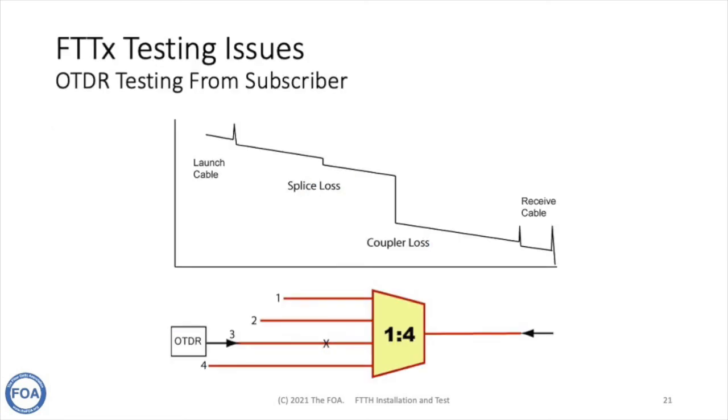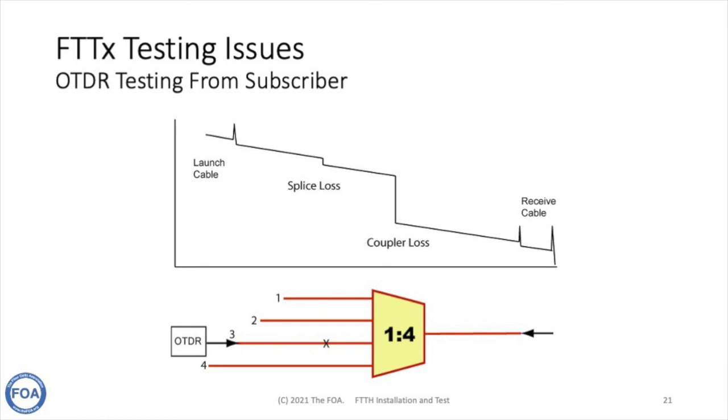Upstream trace on an OTDR makes much more sense, because what you will see is the trace from the fiber that you're connected to, and you won't see the other fibers on your side of the splitter. You will, however, see the fiber on the far side of the splitter, and you will see the loss of the coupler and the end of the fiber on that side.